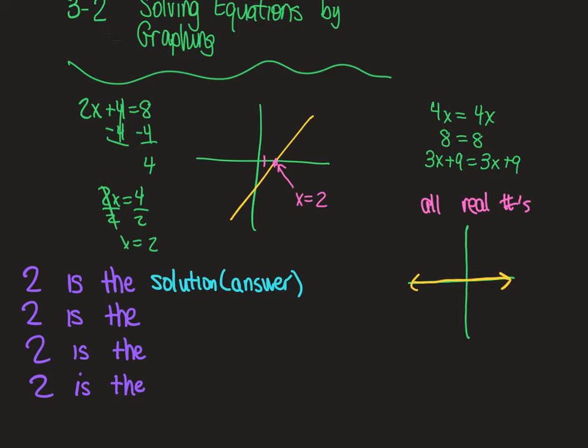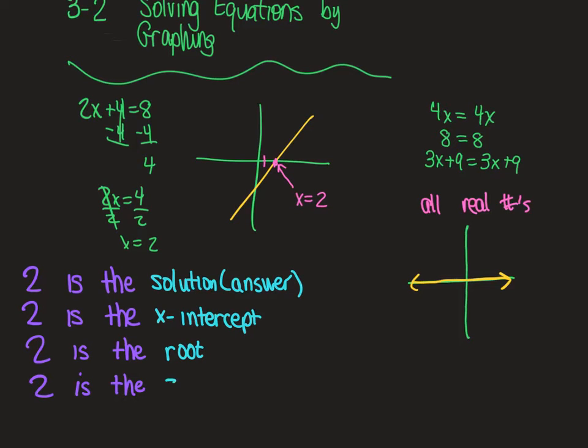We can say that 2 is the x-intercept. We talked about intercepts already. And these next 2 words are new. We can say that 2 is the root. The root is just a synonym for solution. It's a synonym for x-intercept. It's a synonym for answer. It's just another word that you can use to describe it.